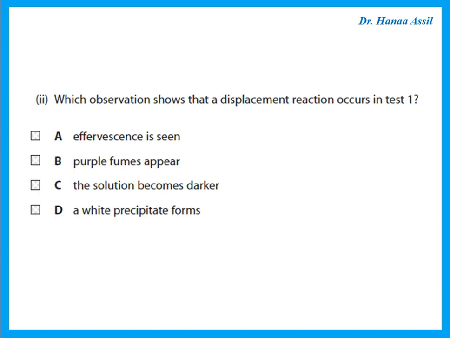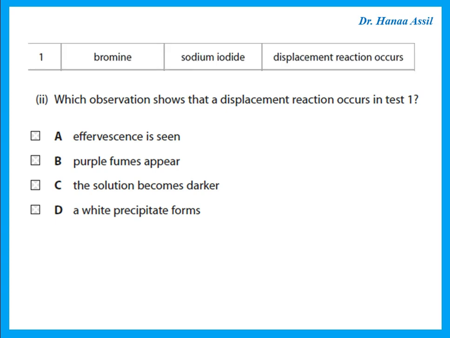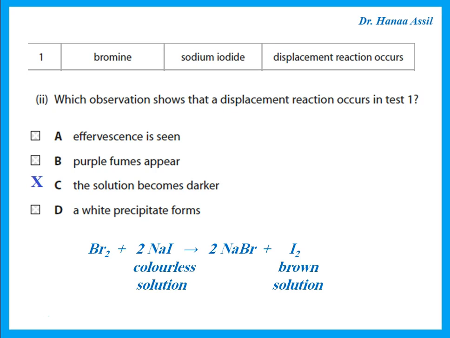Which observation shows that a displacement reaction occurs in test 1? Test 1, he said bromine with sodium iodide, and he got a reaction. So what do you think he got? He's reacting bromine with sodium iodide, so this will give sodium bromide plus iodine.